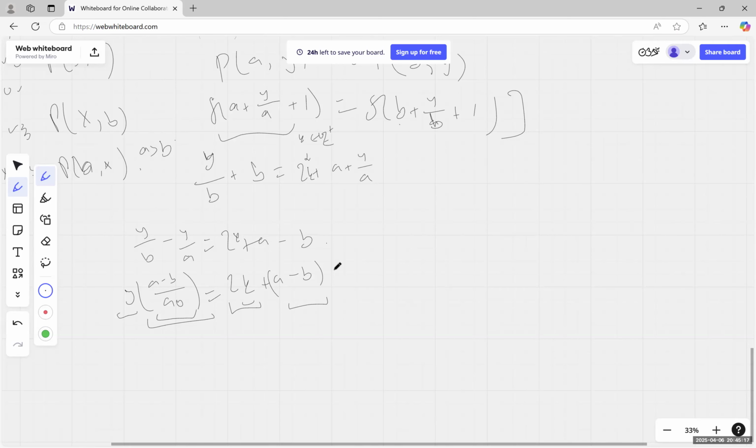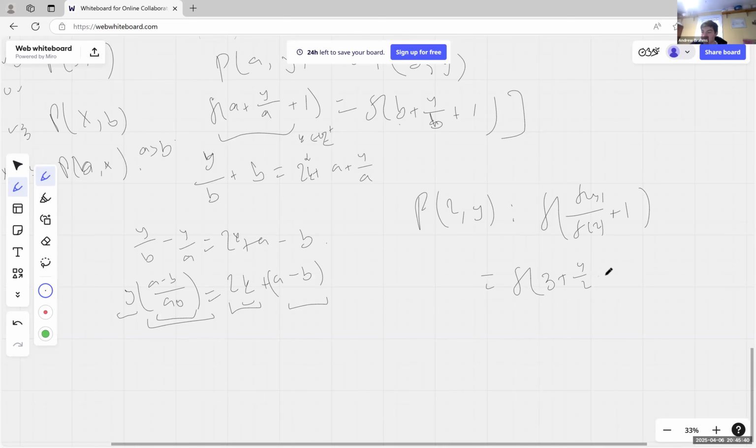Okay, so once we show that f is injective, what we can do is plug in P of 2 comma y to get f of y over f of 2 plus 1 is equal to f of 3 plus y over 2 minus f of 2, right?